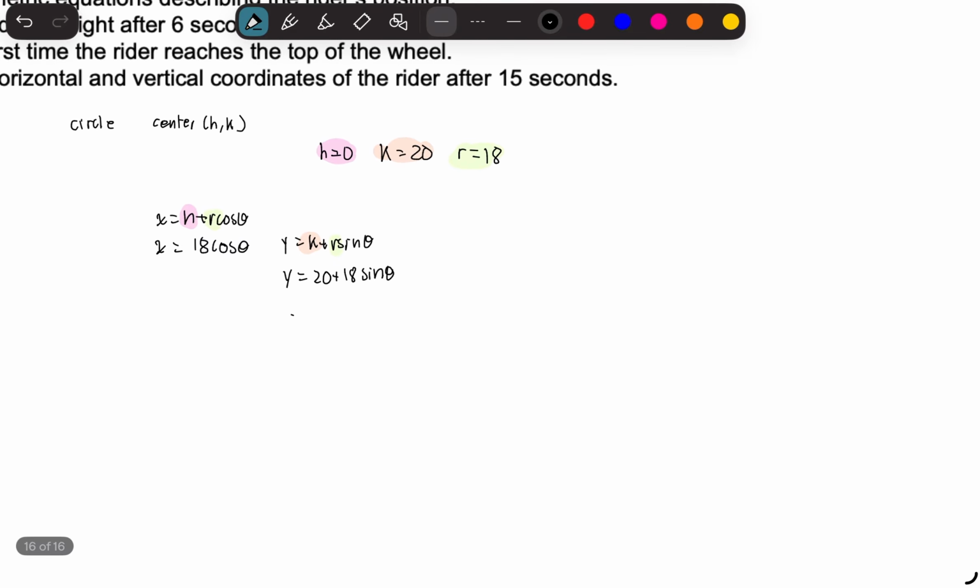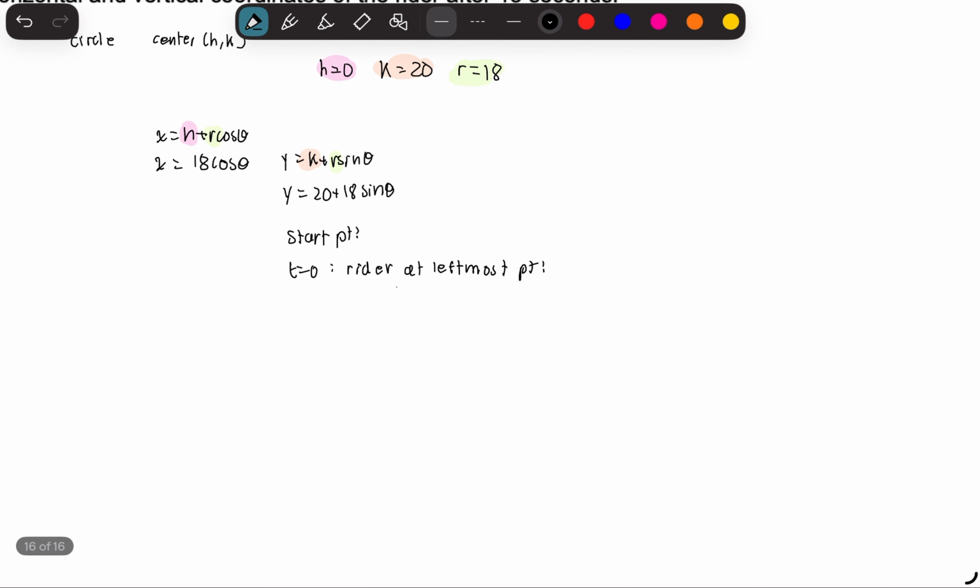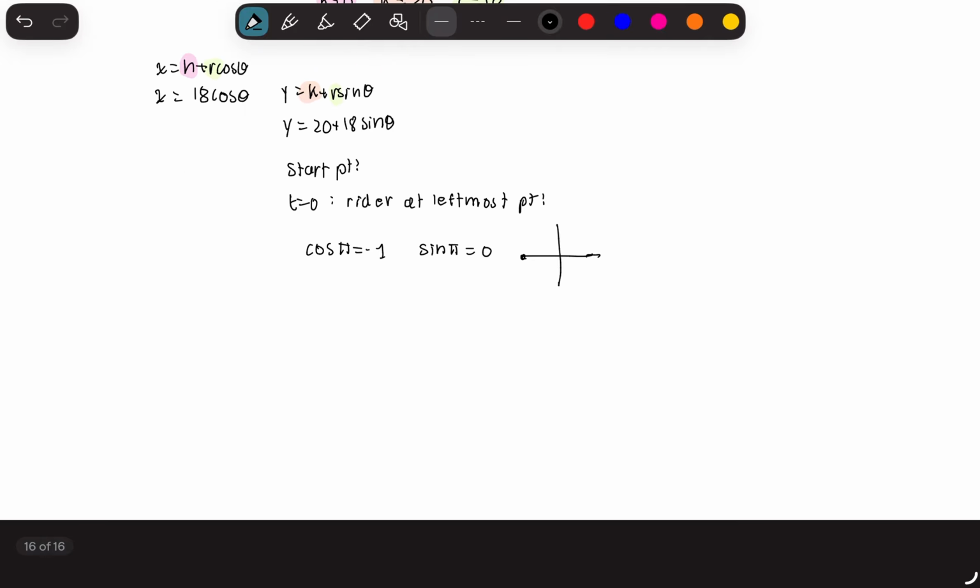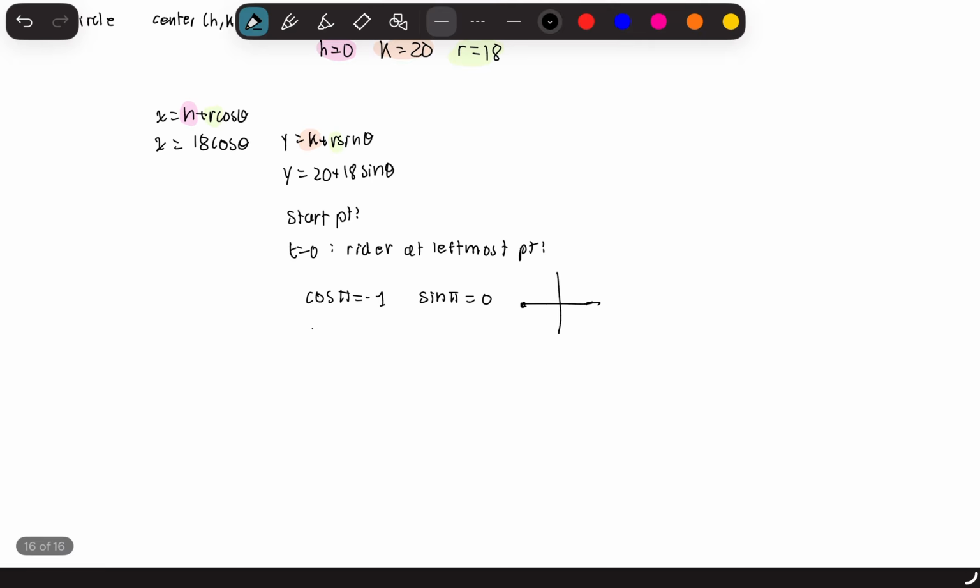Now we need to get our starting point. When t is equal to 0, your rider is at the leftmost point. So when we have t is equal to 0, we have to find these equations. We know cosine pi is equal to -1 and sine pi is equal to 0 on the unit circle at pi. And one way to use that angle is theta is equal to pi when t is equal to 0.